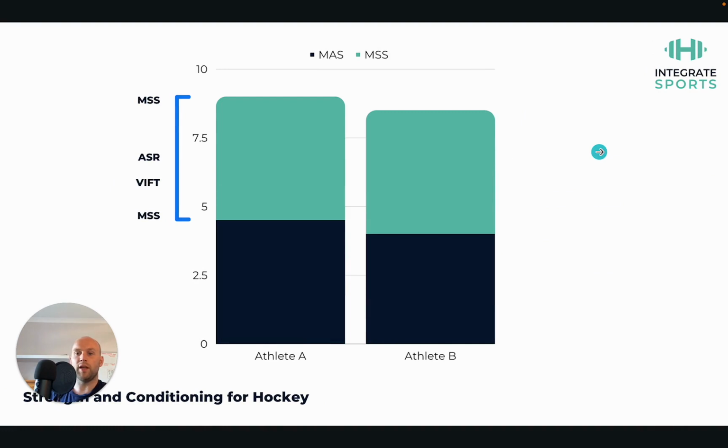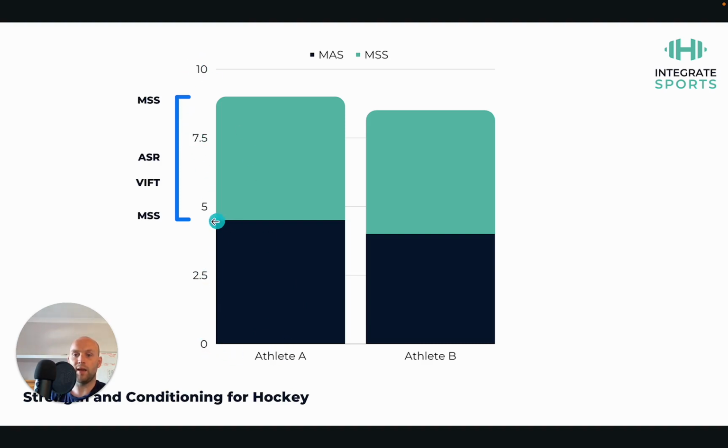If we visualize that, this is what the different definitions look like visually represented. If we have athlete A and athlete B here, you can see this blue bracket is the anaerobic speed reserve, starting from 0 meters per second up to 10 meters per second.